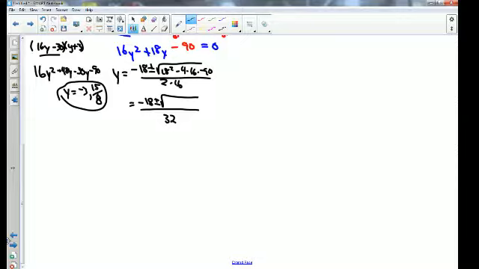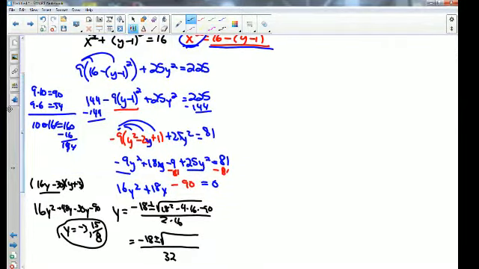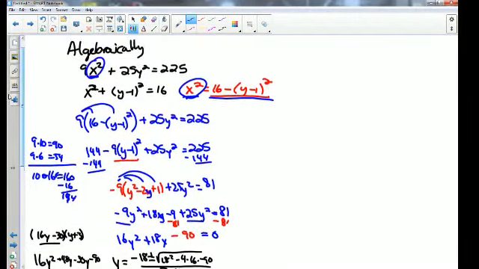Do you want me to finish this? Are you okay with it? It's these answers, right? How do I find my x's? Just plug it back in. Which one do you want to use? Negative 3. The top one. The ellipse or the circle? Ellipse. Okay, if y is negative 3, which one?